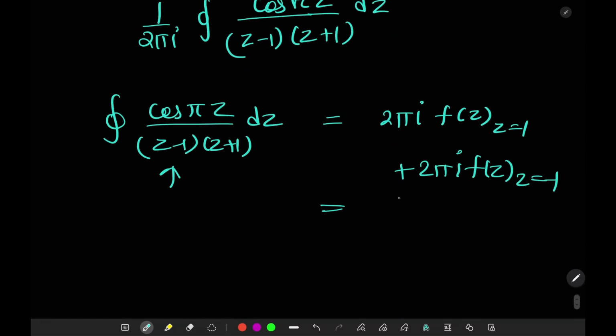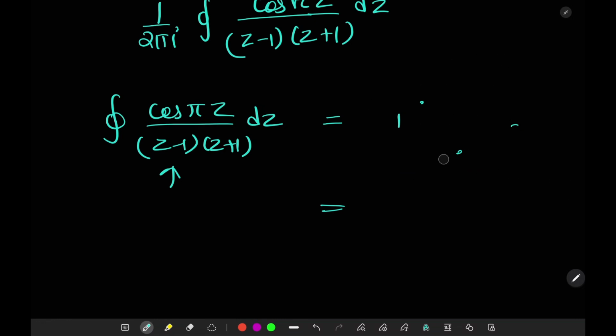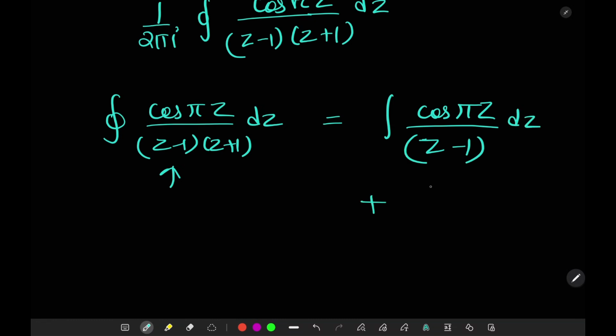Now putting this value here, f(z) is cos pi z divided by z. For this, first we need to write it like that, plus the integration of cos pi z divided by z plus 1 dz.